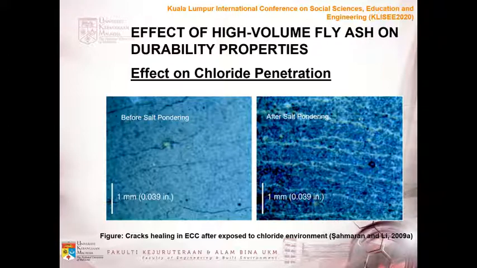However, after salt ponding, we can see the microcracks are almost filled up by a white deposit, and this white deposit is due to efflorescence, which is leaching of calcium hydroxide from the cementitious system. Calcium hydroxide is the cement hydration product which is always there after the cement hydration reaction.